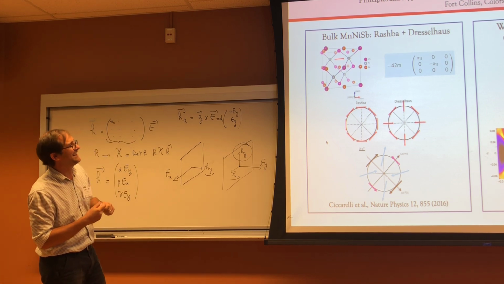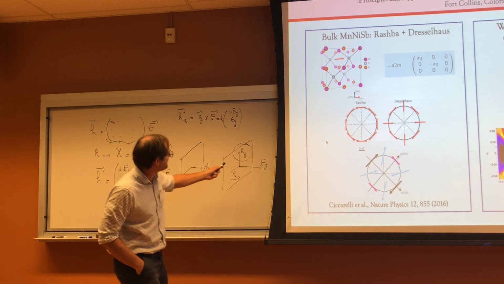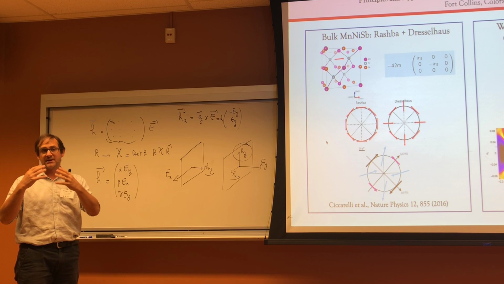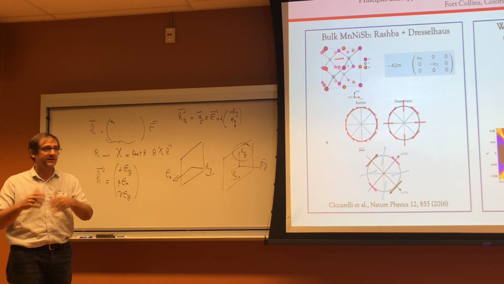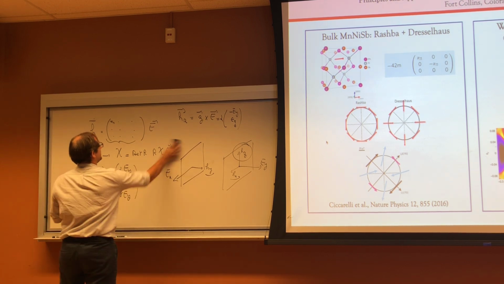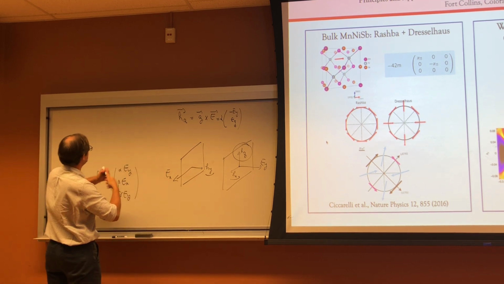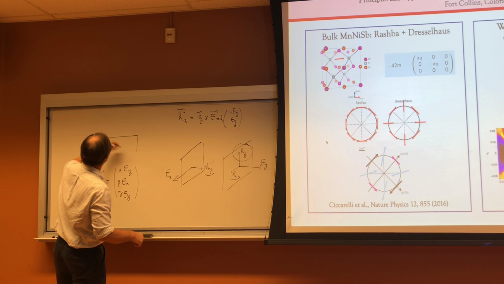I should be more careful. So this perpendicular field is important because this one can switch the magnetization of perpendicularly magnetized systems. So when you have a magnetic bilayer, I didn't talk too much about that because I was really focusing here on the symmetry.